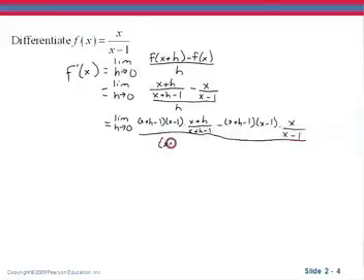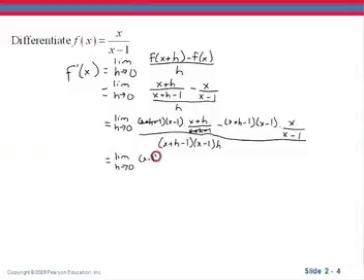And if I do that to the numerator, I also have to do that to the denominator. So that's x plus h minus 1 times x minus 1 times h. Now this looks very complicated, but as we go through and multiply, we'll be able to simplify.